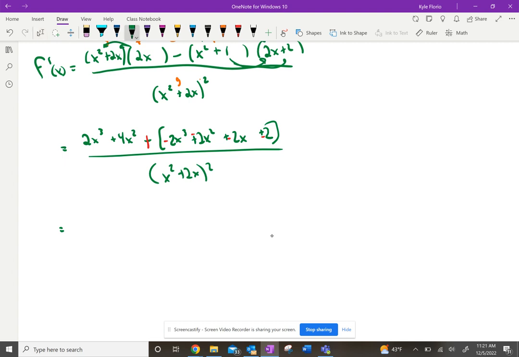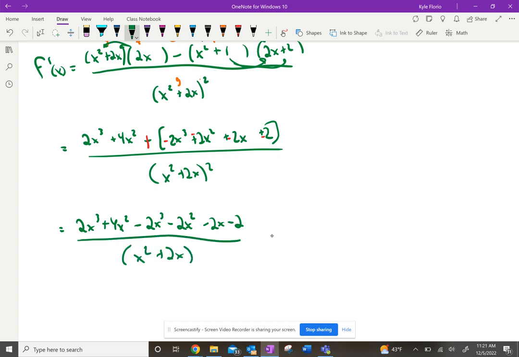So then I have 2x cubed plus 4x squared minus 2x cubed minus 2x squared minus 2x minus 2, all over x squared plus 2x, squared. And these are going to cancel out.